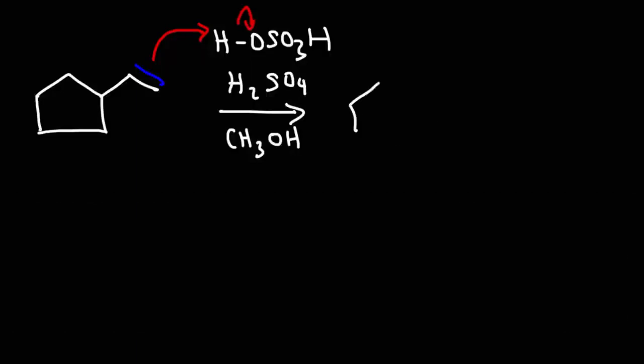So regardless of where the alkene gets the proton, we're going to end up initially with this secondary carbocation. Now what do you think is going to happen next? Well, we do have a tertiary carbon here, so we could get a hydride shift. But notice that we have a 5-carbon ring.